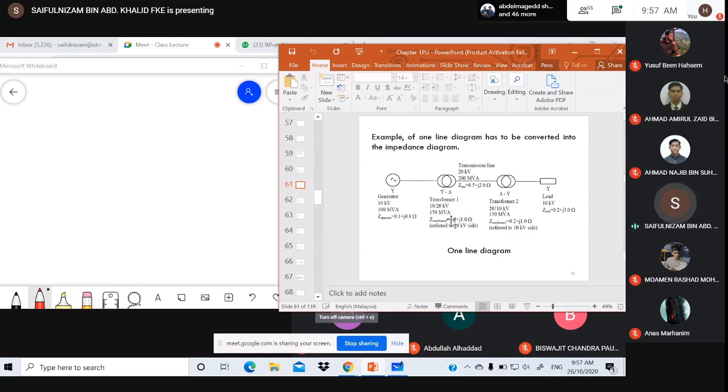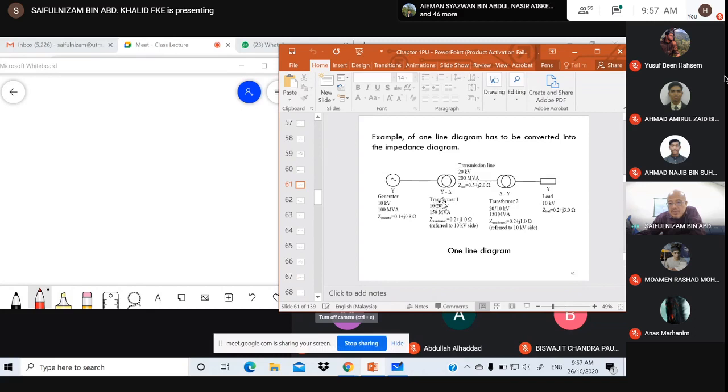The actual value. So if the transformer impedance is given in ohm, it should state the reference, meaning this impedance is referred to the low voltage side or the primary side. You see, referred to the primary side. So the impedance referred to the secondary will be different. It's not the same, which is based on the transformer turns ratio, right?